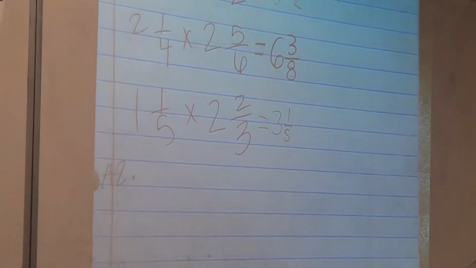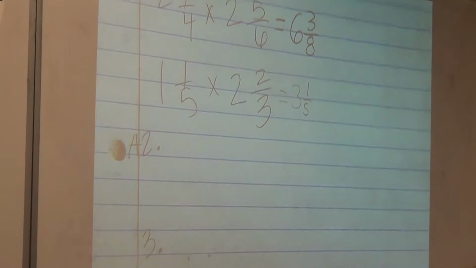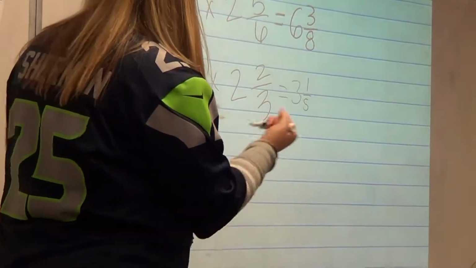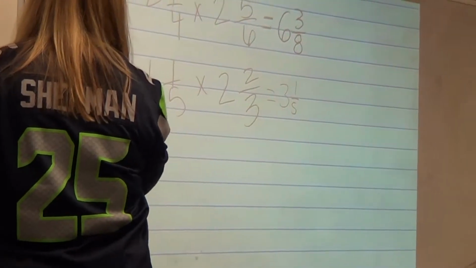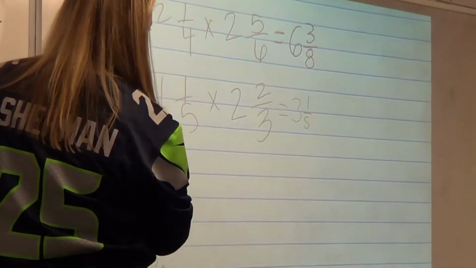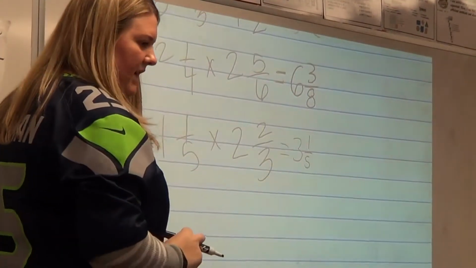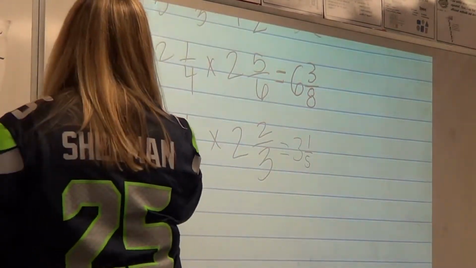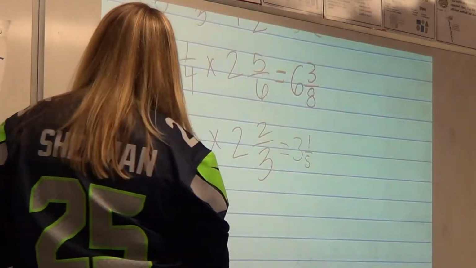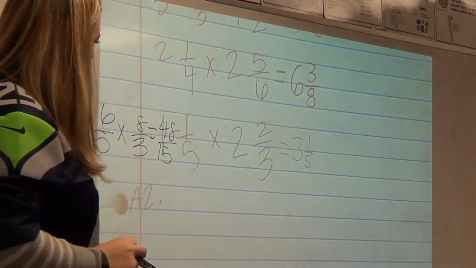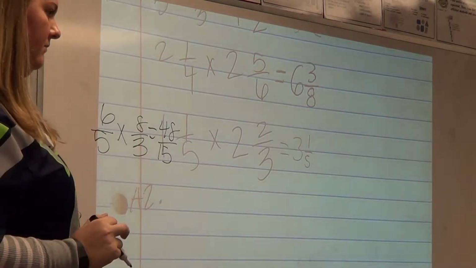Oh, you disagree? I'm confused on number 3. Number 3? I got 3 and 3/10. So we have times 8 over 3. Okay, and 6 times 8 is 48. 5 times 3 is 15. 15 can go into 48 3 times.